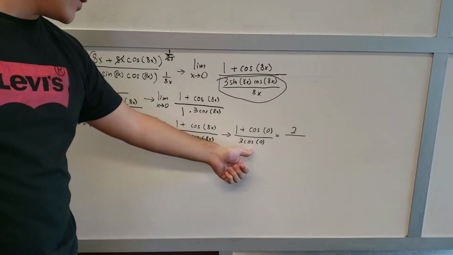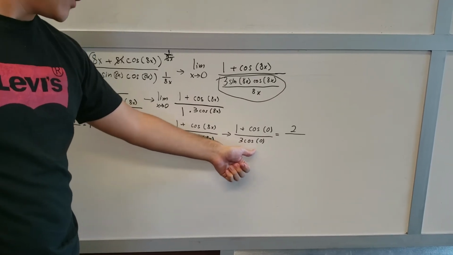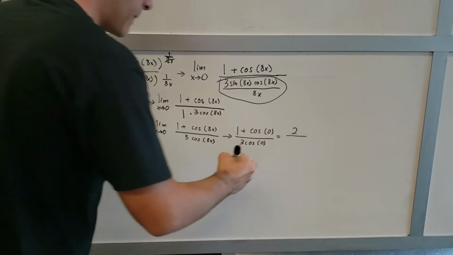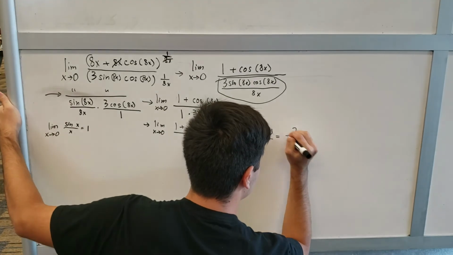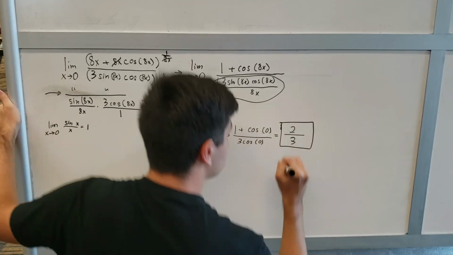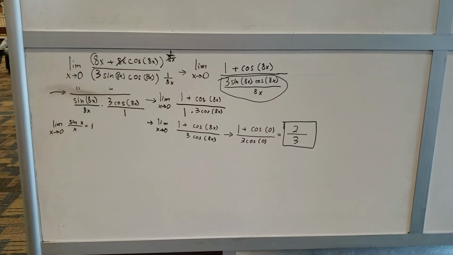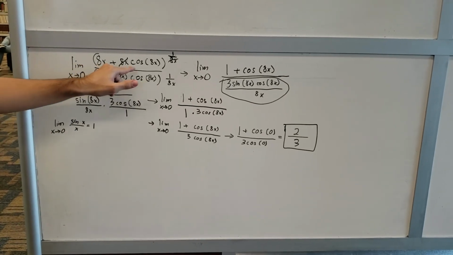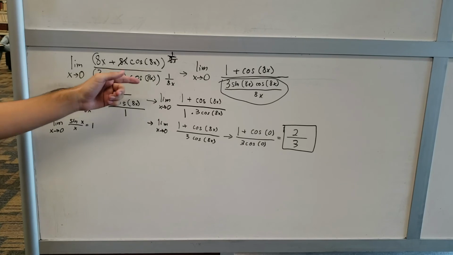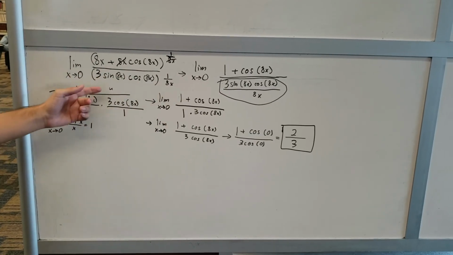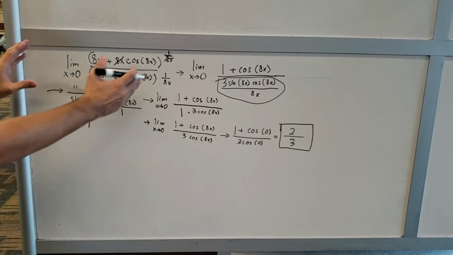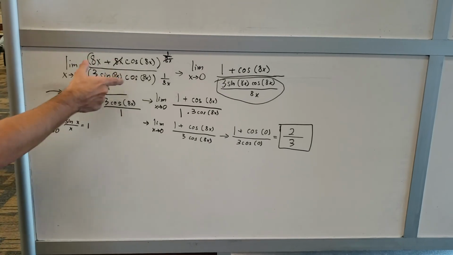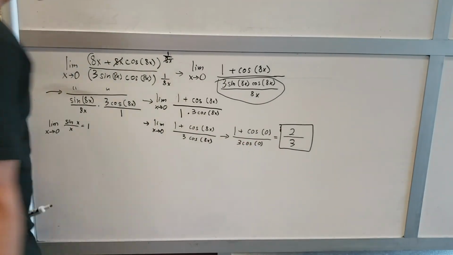And then here you have the cosine of 0, which is just 1. 1 times 3 is just 3. And that's what that limit equals. So the limit of this entire big thing, which is 8x plus 8x cosine of x, cosine of 8x, divided by 3 sine of 8x, cosine of 8x, as x approaches 0 is 2/3. So there you go.